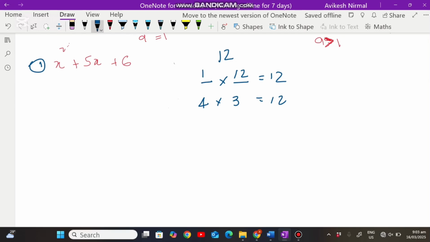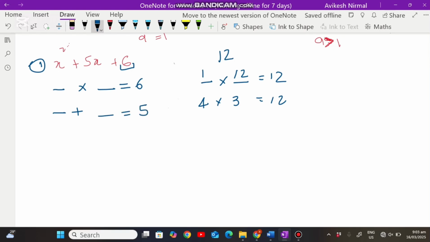Now while you're solving this question, we want two numbers which multiply and give you this number here, 6. Now the interesting thing is the same numbers should add to give you 5.